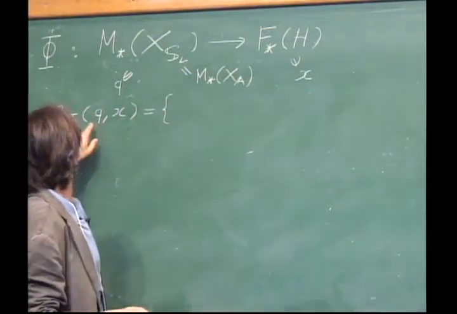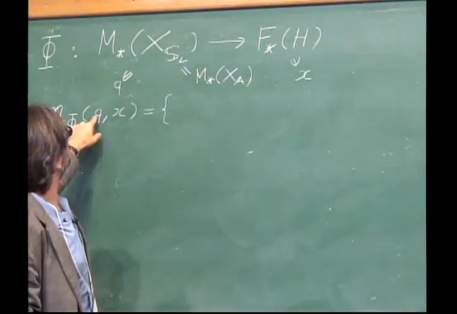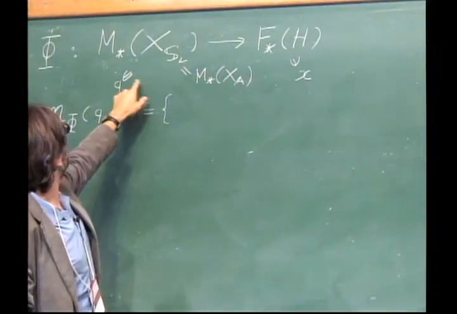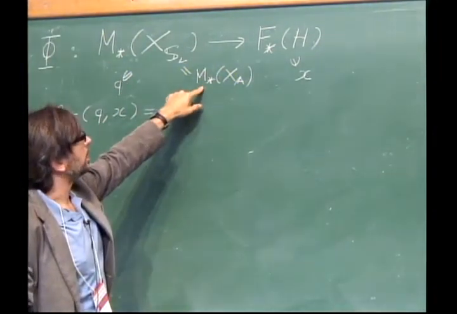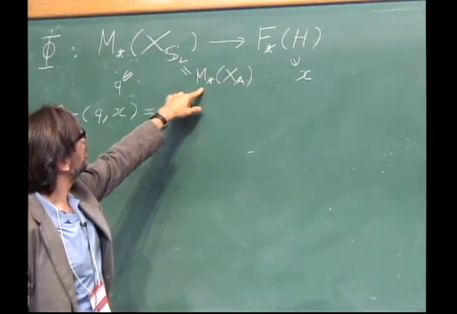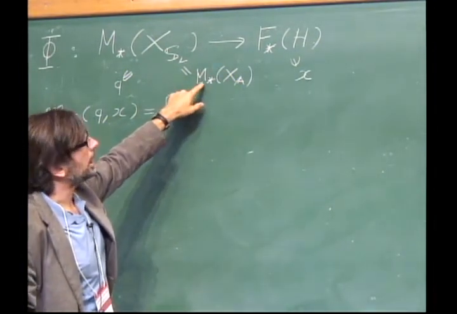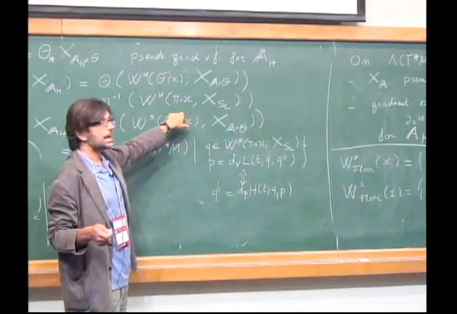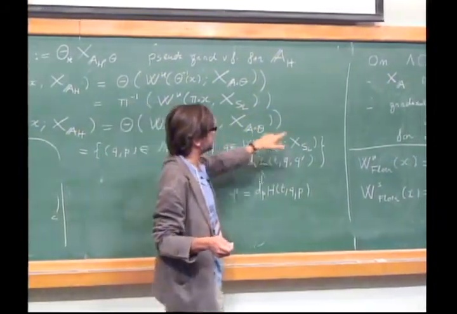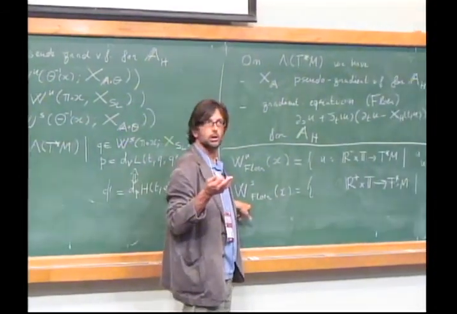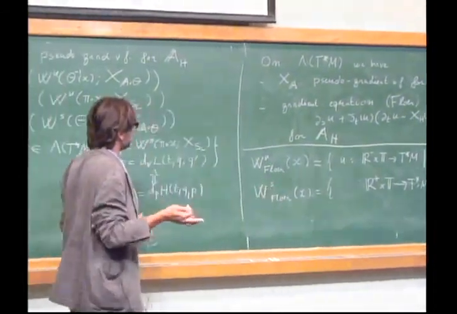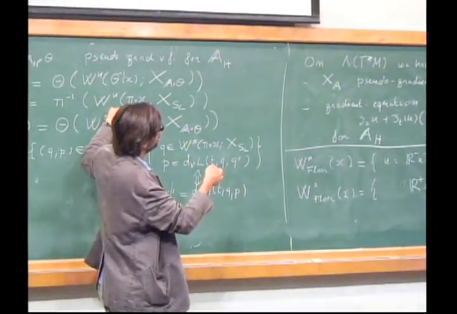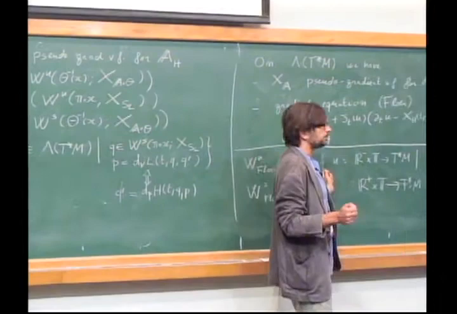So I should consider on one hand the unstable manifold of the critical point here, which is exactly this object here. And I should intersect it with the stable manifold a la Floer, which means, well, these are defined as subsets in the loop space, and these instead are a space of maps.